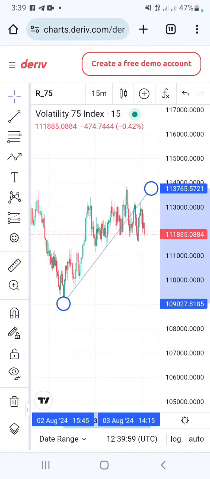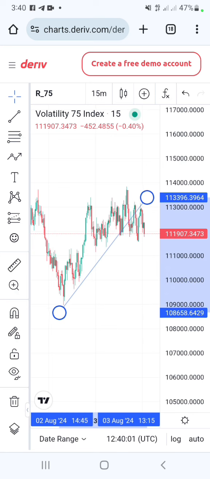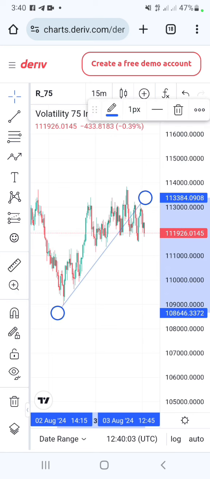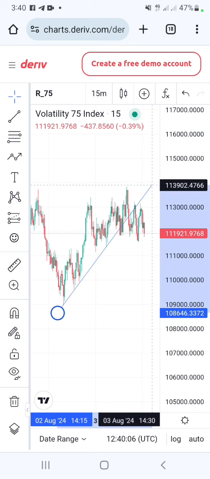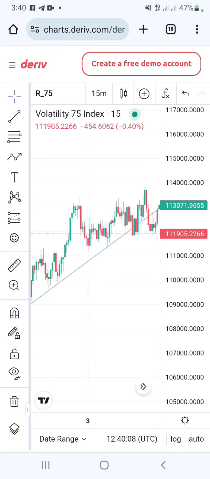So this was our trend line when the market was still around this side. Let me do it like this.